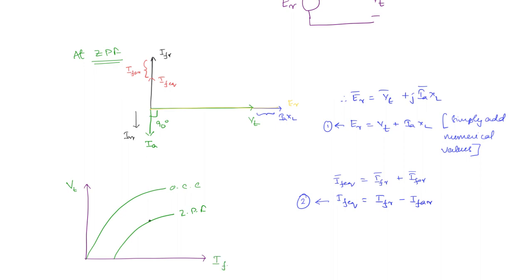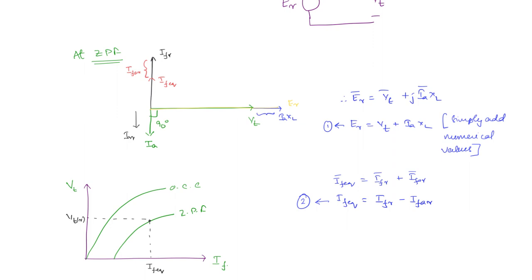Now if you consider a point which gives the rated terminal voltage, you can write here rated. Then in order to get this particular voltage, what is the field current? It is IF equivalent. Now how do you get the corresponding open circuit voltage? For this particular terminal voltage, what will be the open circuit voltage?